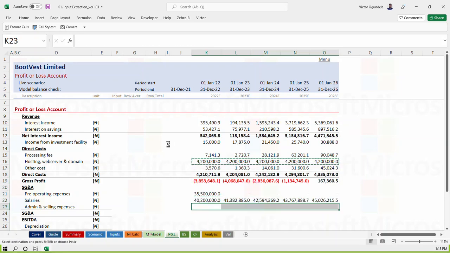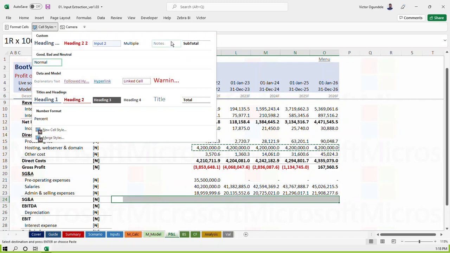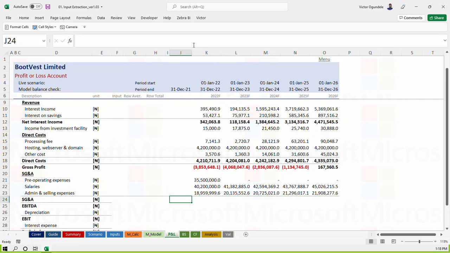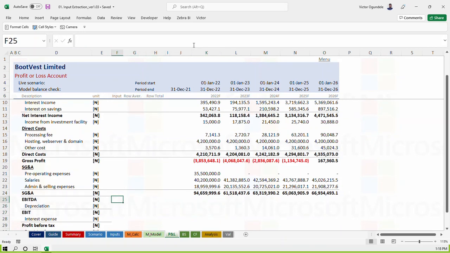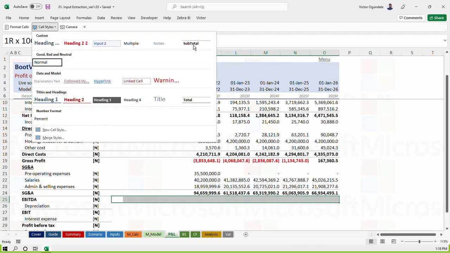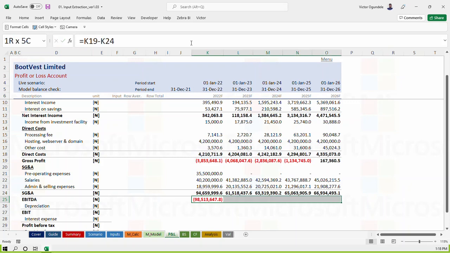Operating expenses, this, then EBITDA will be gross profit minus our SG&A.